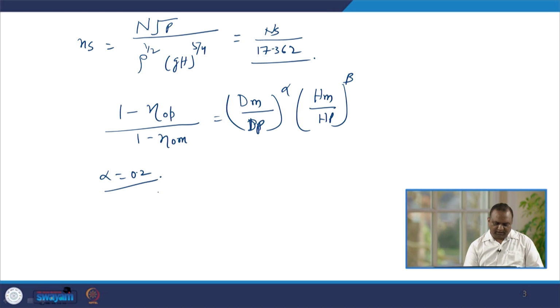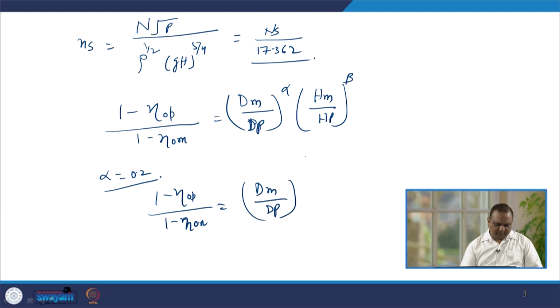In the Moody formula, dm by dp is equal to 0.2, right.